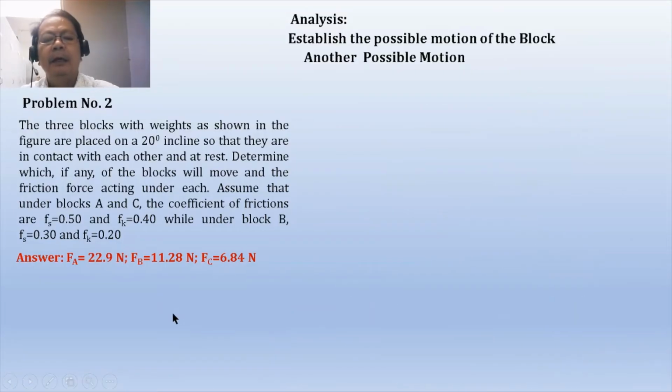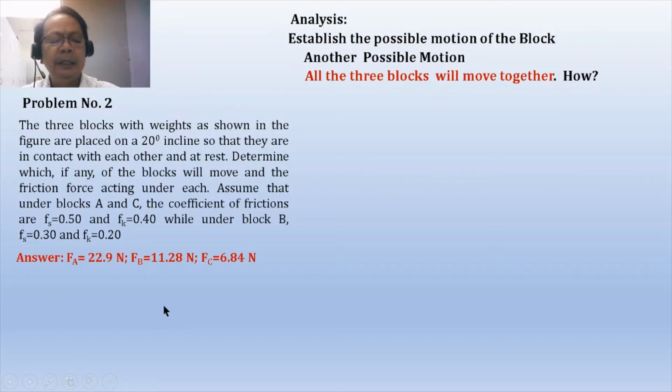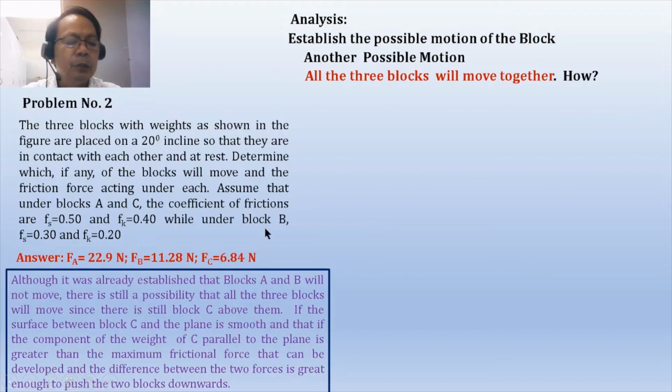Okay? There is another possibility: that all three blocks will move together. It can also happen that all three blocks move. So, when will that happen? It will happen if block C pushes the two blocks A and B. Although it was already established that blocks A and B will not move, there is still a possibility that all the blocks will move, since there is still block C above them.